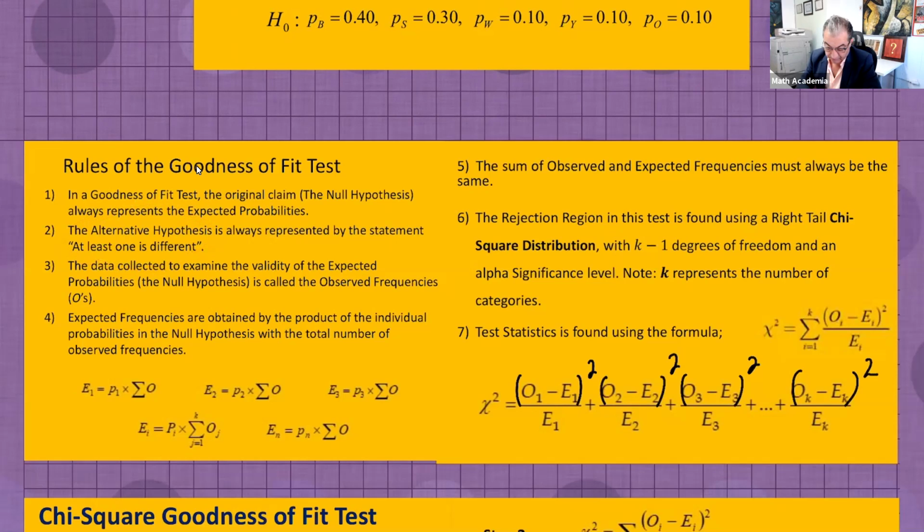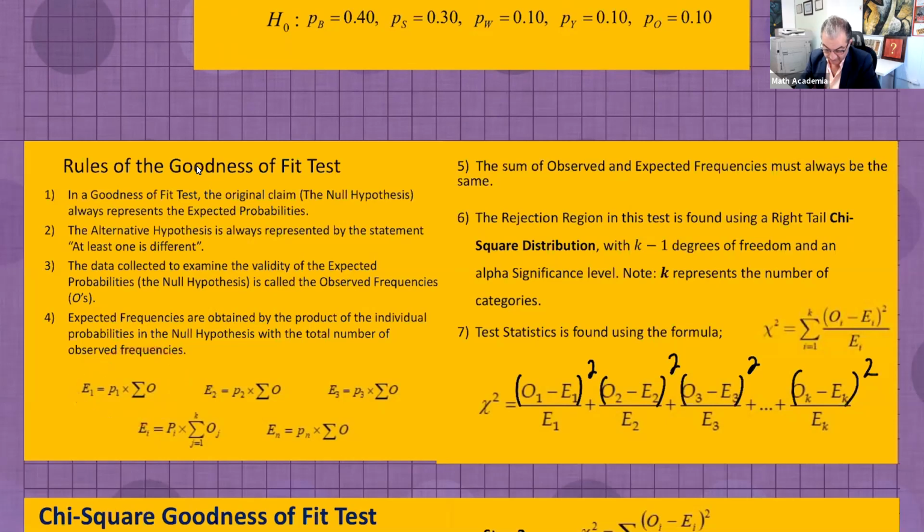The data collected to examine the validity of the expected probabilities, the null hypothesis, is called observed frequencies, or we call them O's. So O stands for observed. Expected frequencies are obtained by the product of the individual probabilities in a null hypothesis with the total number of observed frequencies.